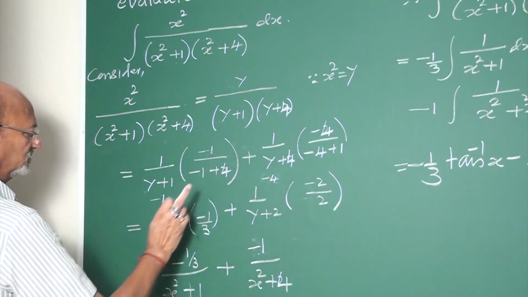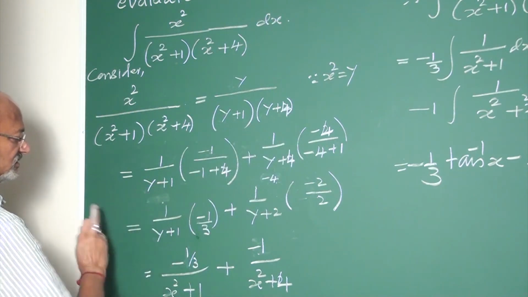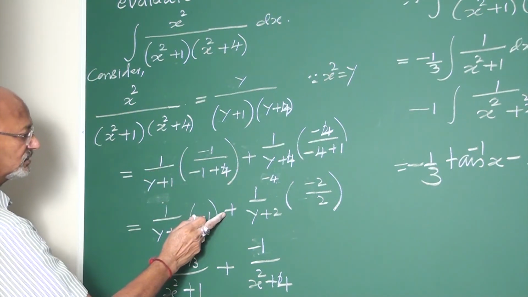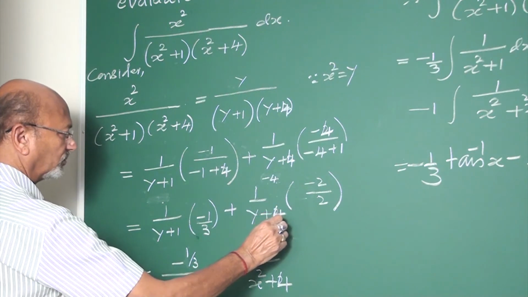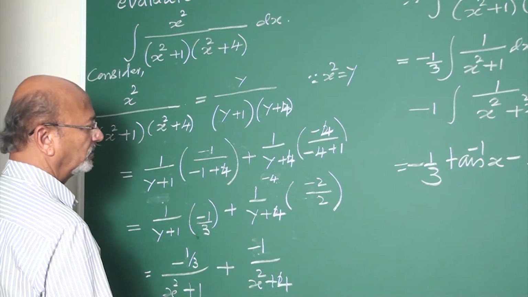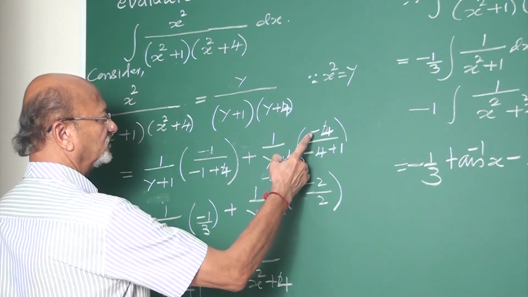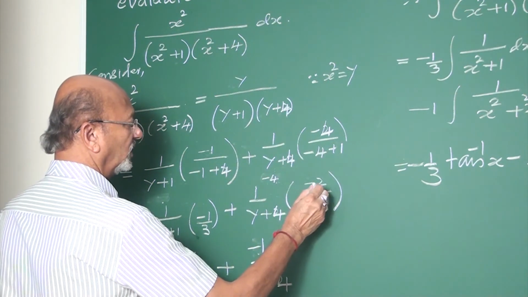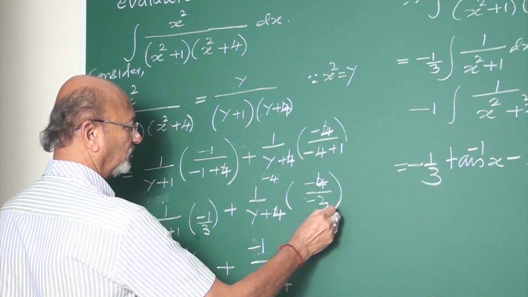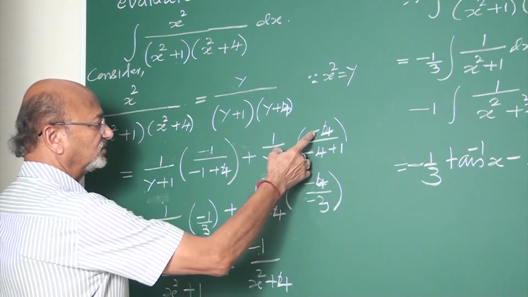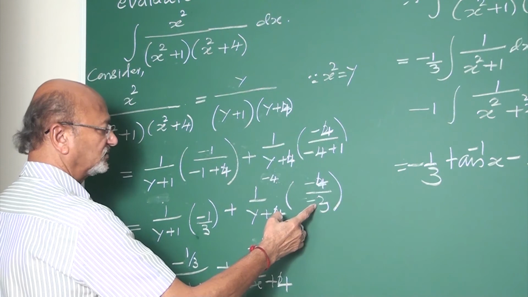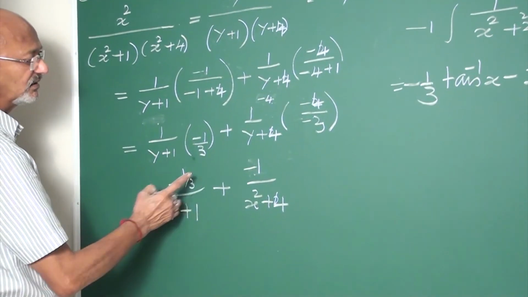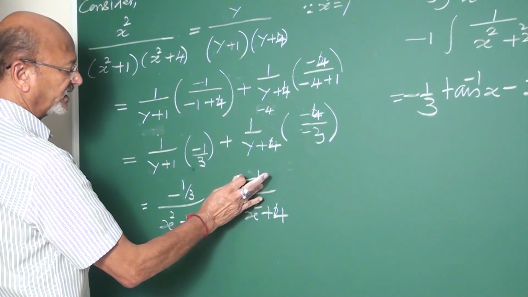It is correct. This, it is minus 1 upon 3 plus this 4. What is it? Minus 4 plus 1 is minus 3, so it is minus 4 upon minus 3. It is minus 1 by 3. What is this? Minus cancels.